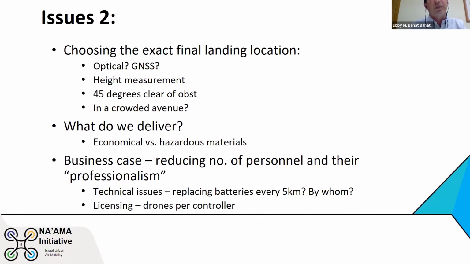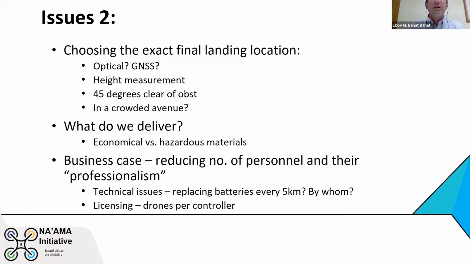Hazardous material. It might not be different than delivering something on a scooter or a motorcycle, but when it's up in the air, it gets everyone's attention. Eventually, we want to reduce the expertise required of the people involved. If you have the pizza manager pushing a mission on his computer, then it's one cost.